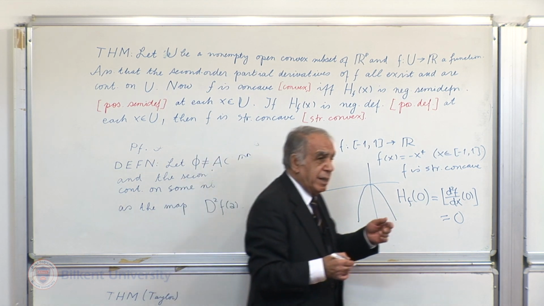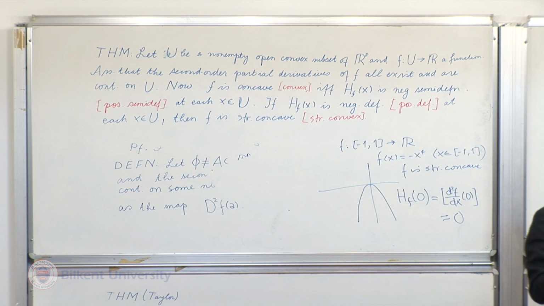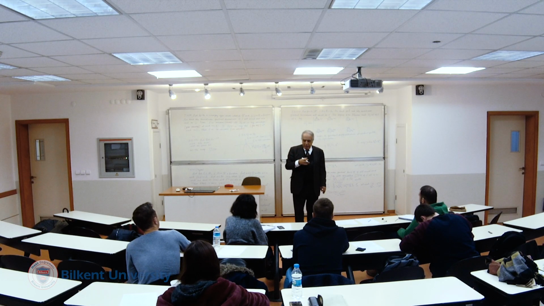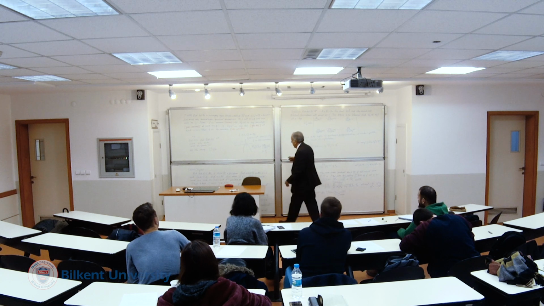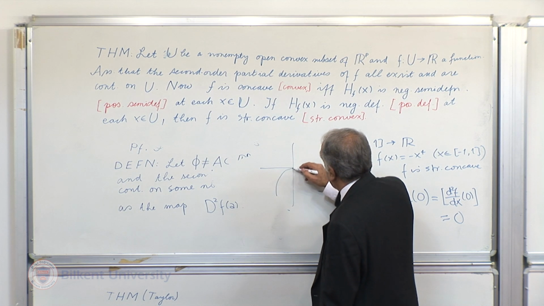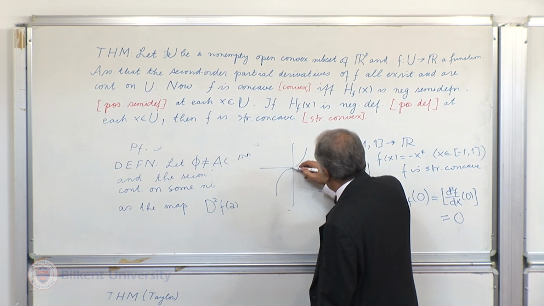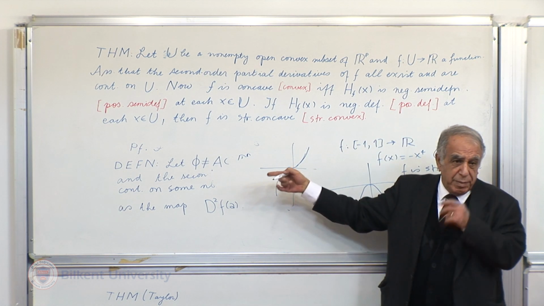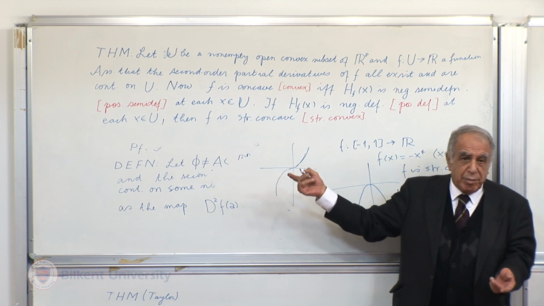It's like if for a real valued function of a real variable f prime is positive everywhere, then the function is increasing. But the converse is not true. The function might be increasing, but for example, like f of x equal to x cubed, the derivative at some point might be 0.